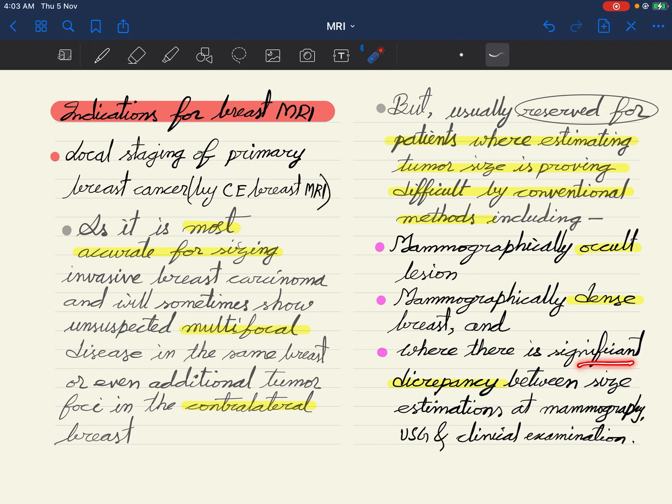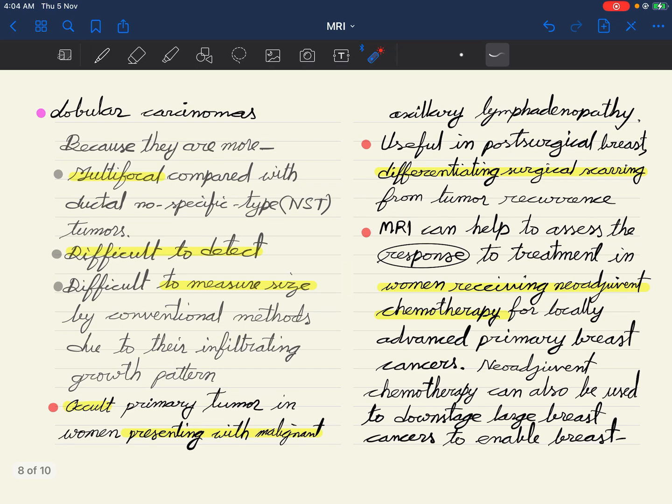If there is significant discrepancy between size estimation at mammography, ultrasonogram and clinical examination, then we can use breast MRI for local staging.